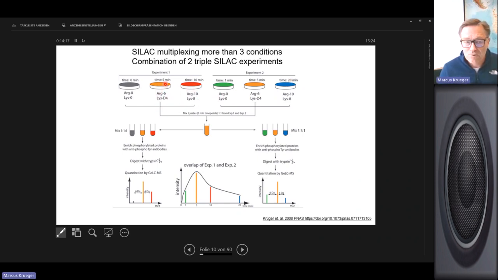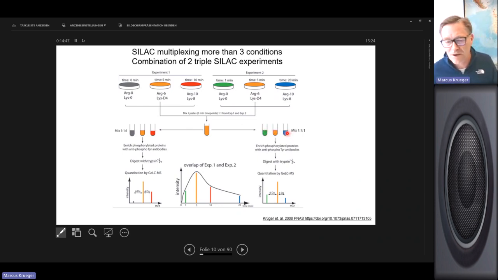However, before that I used the 5-minute time points as a common standard, right? So these 5-minute time points between these 2 experiments were actually the same. So I mixed up the 5-minute as a common pool for both experiments, and then I spiked this heavy pool from both experiments into my light and 10-minute treated samples, and equally into the 1-minute treated samples and 20-minute treated samples.